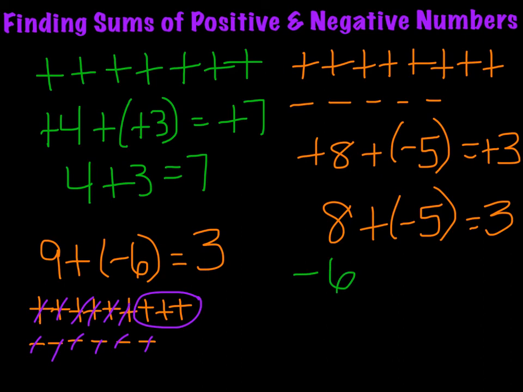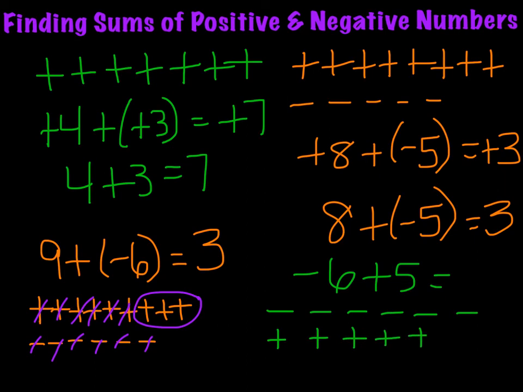Here is one more example. Negative 6 plus 5 equals. Once again, I'm going to draw some counters to help me figure out this problem. First, I am going to draw negative 6 counters. Then I'm going to draw 5 positive counters.